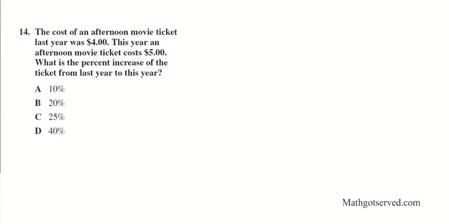It says the cost of afternoon movie ticket last year was $4. This year an afternoon movie ticket cost $5. What is the percent increase of the ticket from last year to this year? So the percent increase formula, it could be increase or decrease, alright?